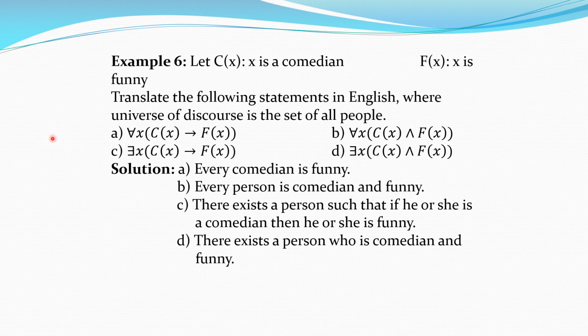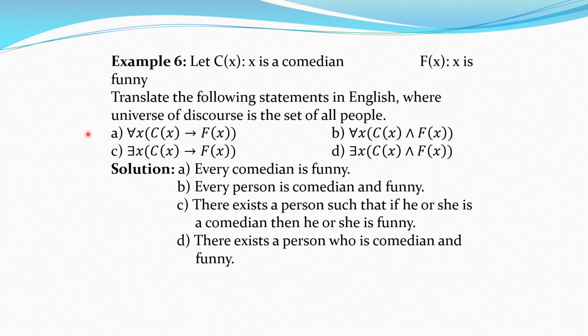So for all x means this is given for each person, for every person in that group of people. If C(x), then F(x) means if x is a comedian, then x is funny. It means if some person is a comedian, then definitely they are funny.